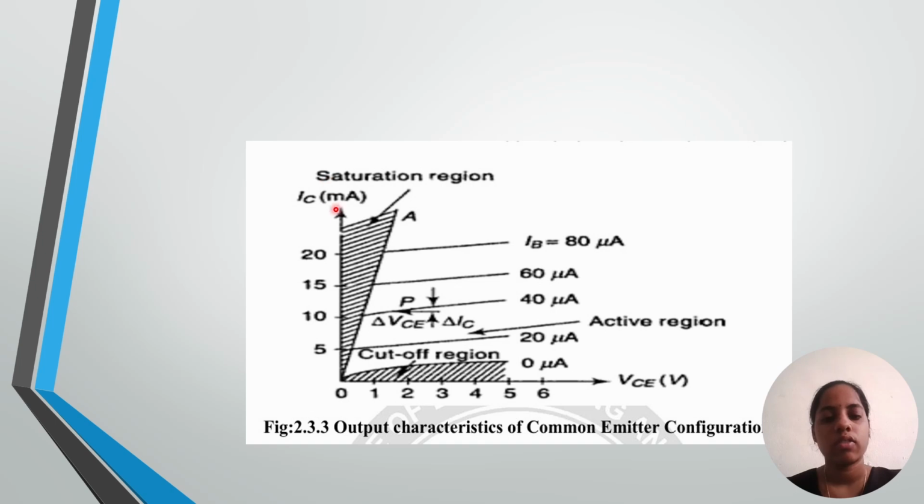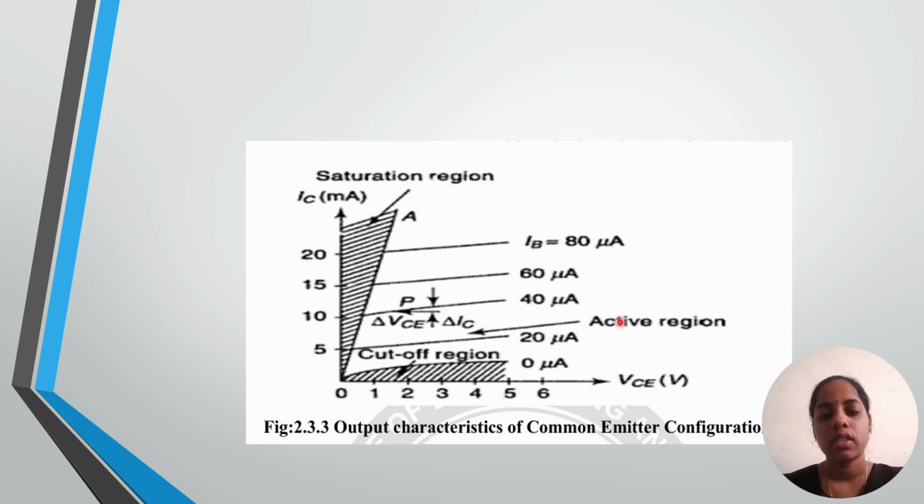Next, this is the output characteristics of common emitter configuration. Already we have seen what is saturation region, active region, and cutoff region. Cutoff region means there is no flow of any current, as the emitter base junction and collector base junction are both reverse biased.